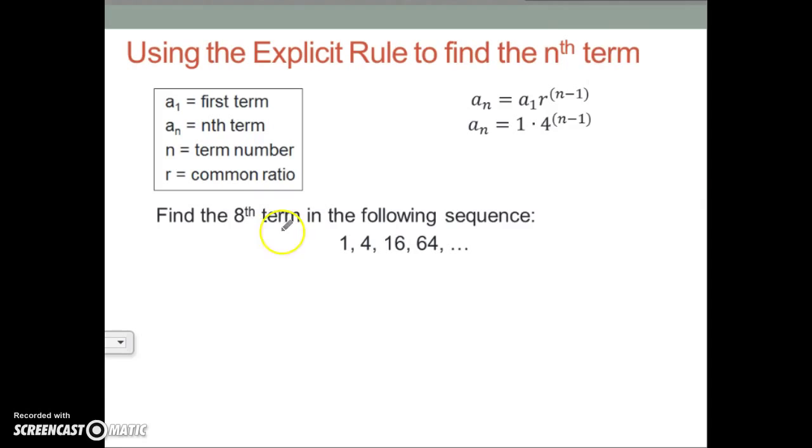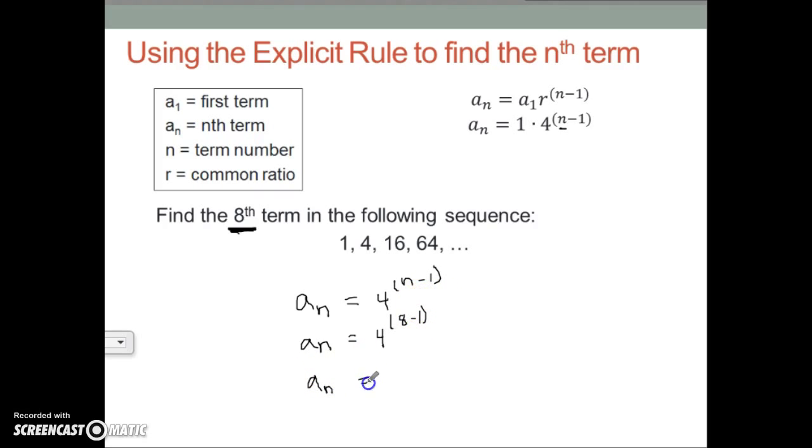So our same sequence, if we want to find the eighth term in this sequence, we're going to replace n with 8. So using our simplified version, we had a sub n equals 4 raised to the n minus 1 power. So a sub n equals 4 raised to the 8 minus 1 power, because I want to find the 8th term. So I replace n with 8.